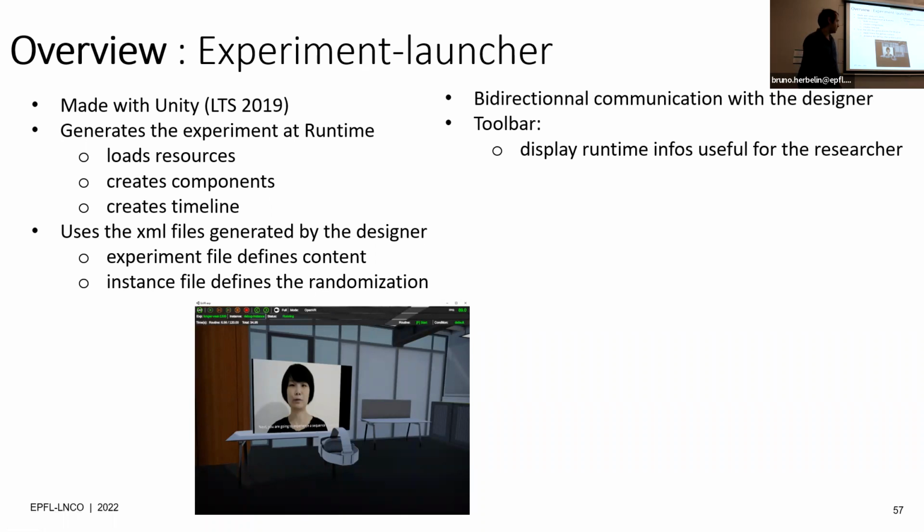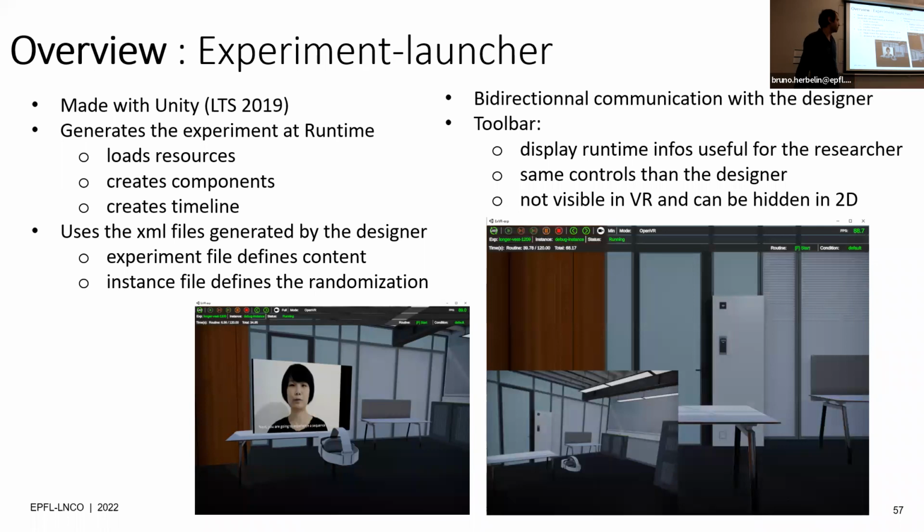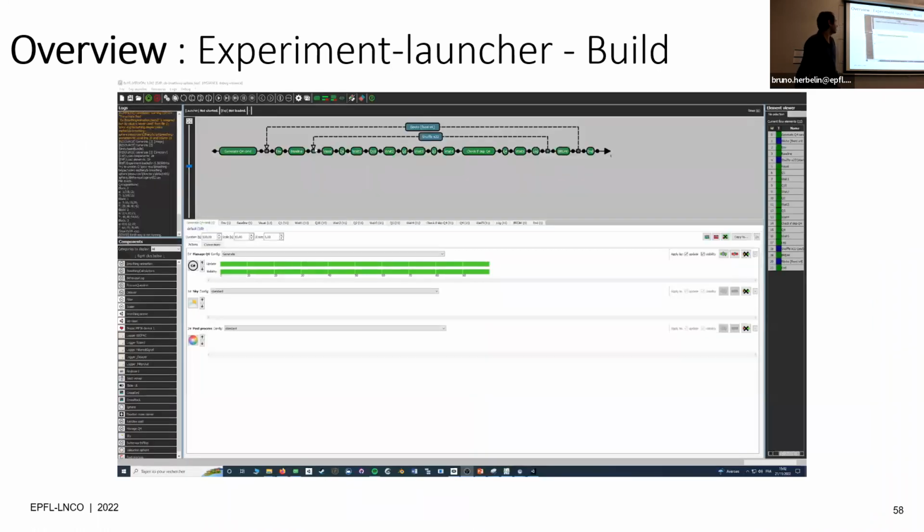You can hide it because in VR you will not be able to see it, but it's useful for the researcher to manipulate, because sometimes you only have one screen, or it's easier this way. But if you want to do a 2D flat experiment, you can hide it, so the user will not be able to see it.